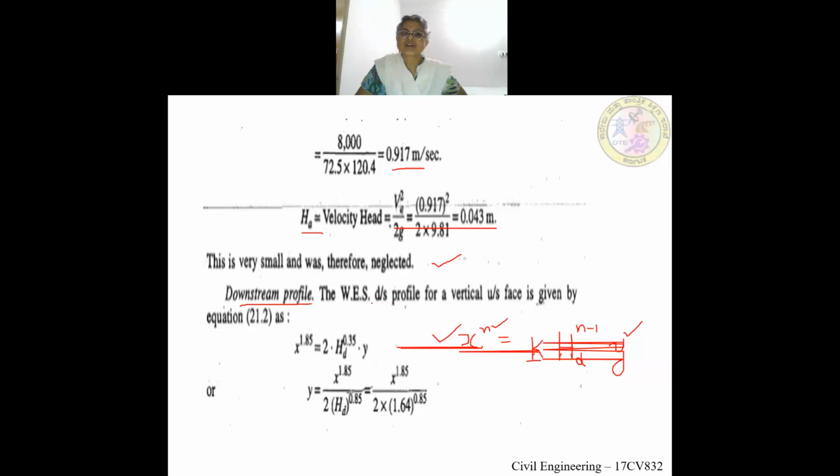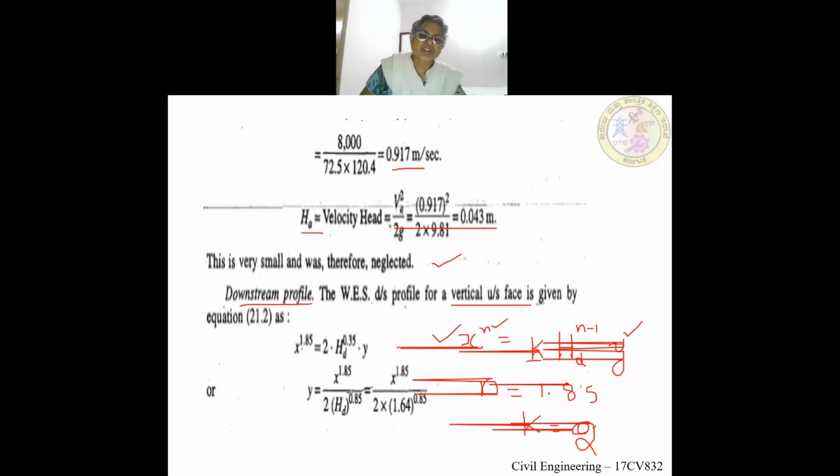With respect to the downstream profile, for a vertical upstream face, the value of n is taken as 1.85 and the value of k is 2. You can refer to the previous session study material, where you can see in the table, it is 2 and 1.85. So here x to the power of n, where n is 1.85, and k is 2.